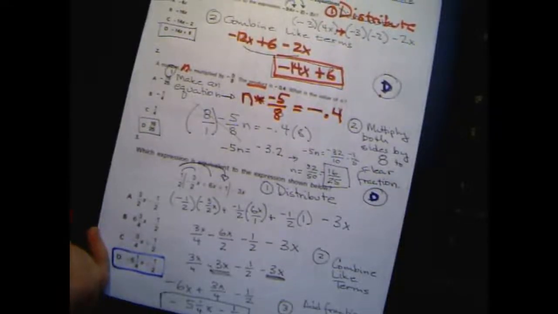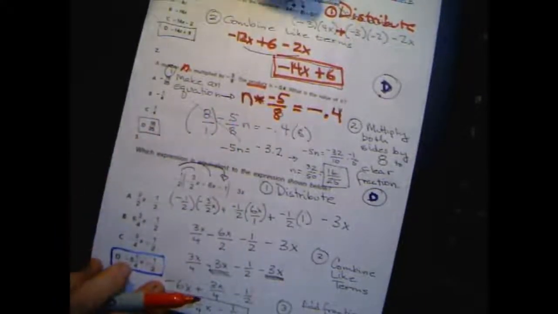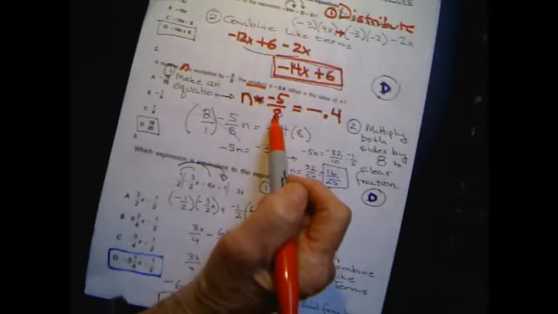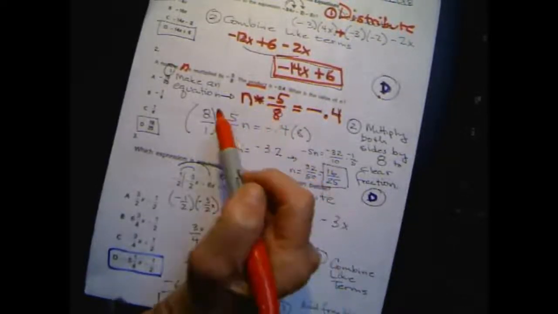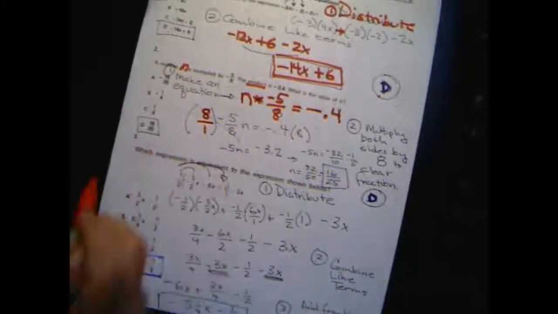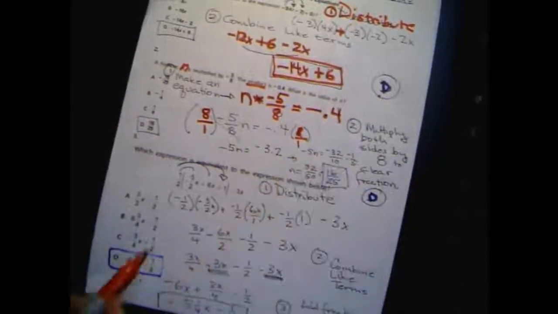Now, there's a lot of different ways that I could go about solving. What I want to find is n. But the way that I chose to do it is to try to get rid of my fraction here. So in order to get rid of this 8, I'm going to multiply both sides by 8. In this case, 8 over 1. But if I do that to one side, I have to do the same thing to the other side.